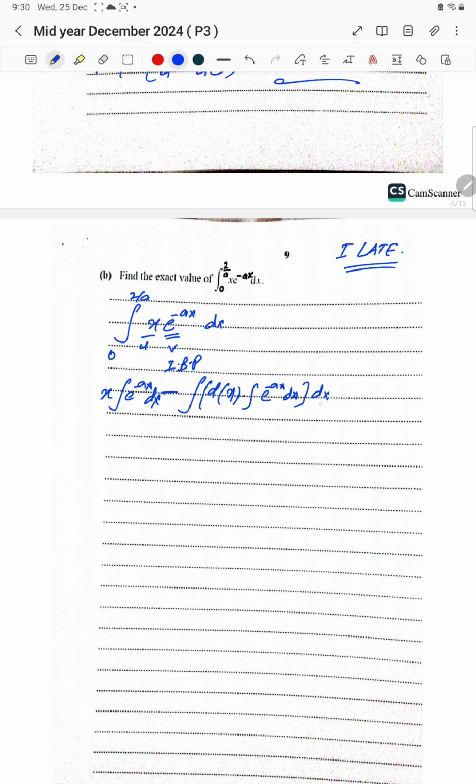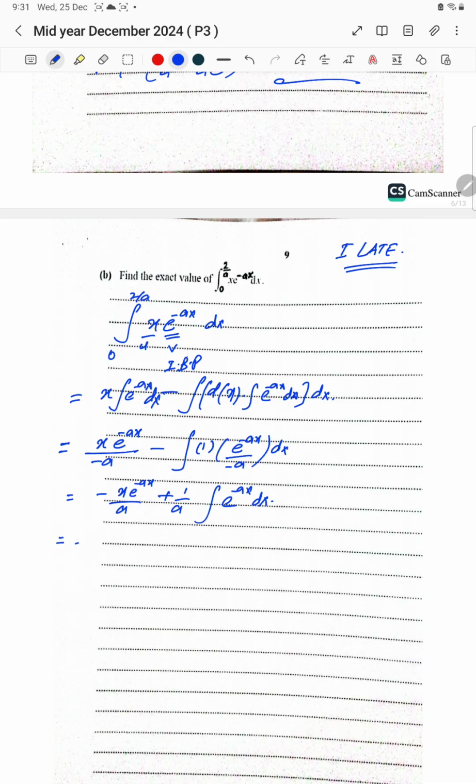I applied the complete product rule here, or you can separately integrate this and substitute in the formula. It will be given in the MF19 formula sheet. So it will be e raised to minus ax over minus a, minus 1 times e raised to minus ax over minus a dx. I will write minus x e raised to minus ax over a plus 1 over a integral dx.